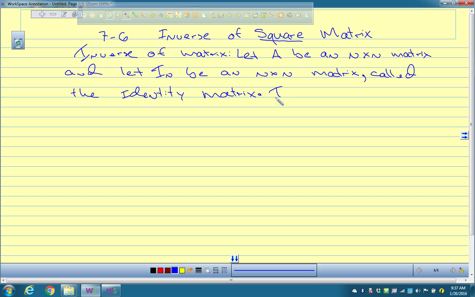This is kind of weird, but if there exists a matrix A inverse, that's the inverse matrix of A, such that A inverse times A is equal to I sub n, which is equal to A times A inverse.